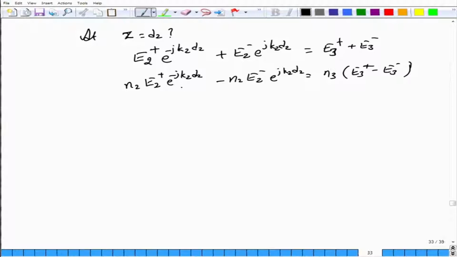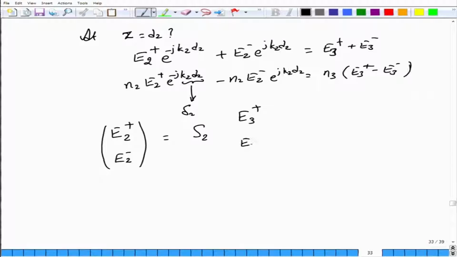Now, you can substitute k2 times d2 as some number delta 2, and rearrange the equations again in the matrix form, with the goal that you express E2 plus and E2 minus, which are the fields in the second medium, in terms of the matrix S2 times the fields in the third medium, E3 plus and E3 minus.